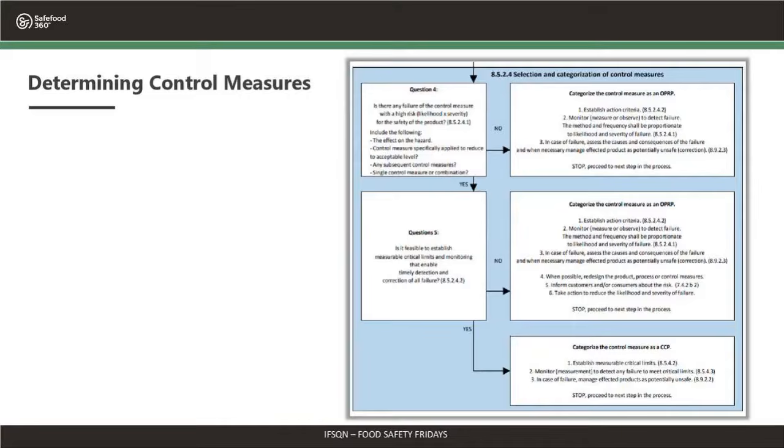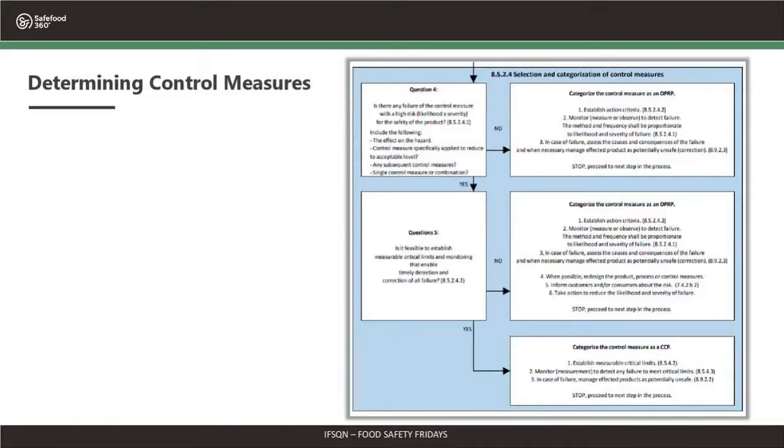So if we actually say no to this, if the control measure fails and there is not going to be a high food safety risk, then this has been determined as an OPRP.